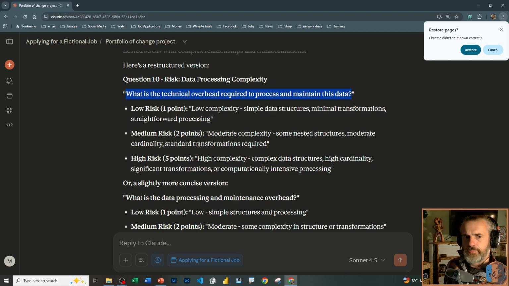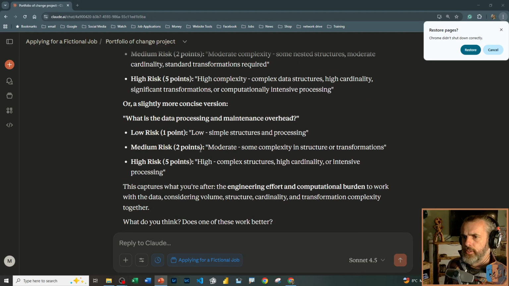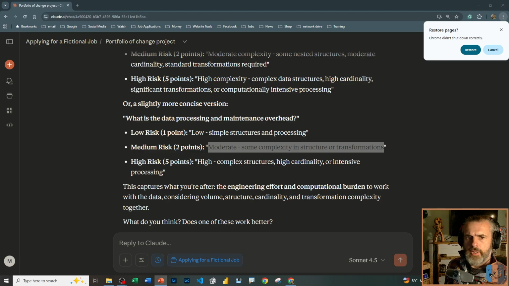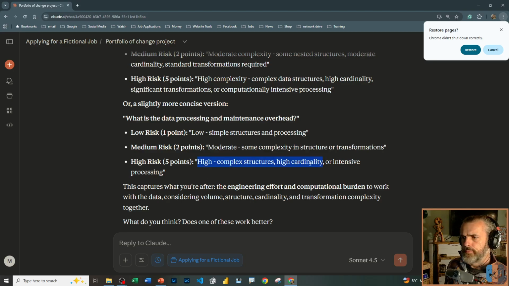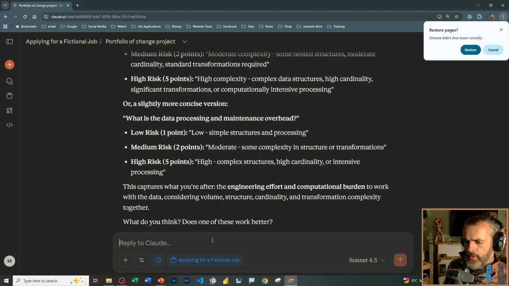So I'm just going to copy that question across. And so the low response is that, the moderate is that, and the high is that. Perfect.